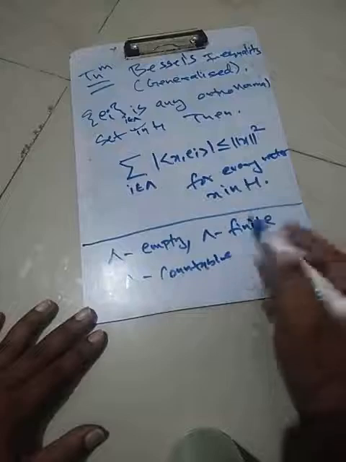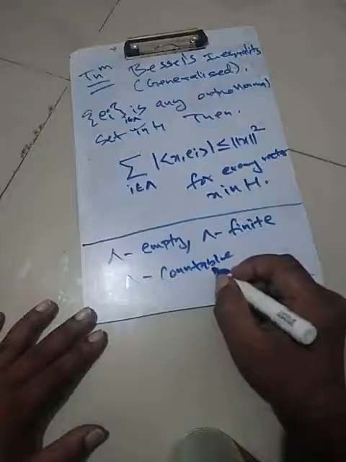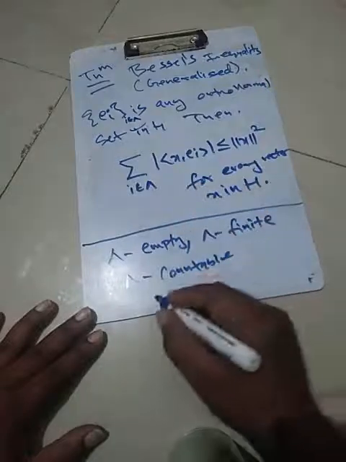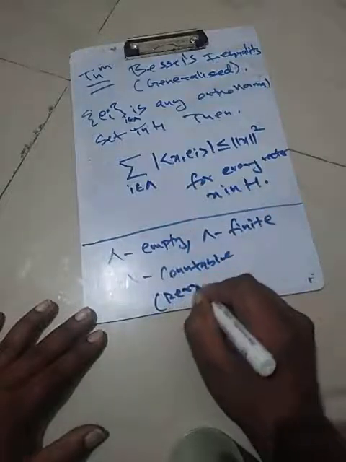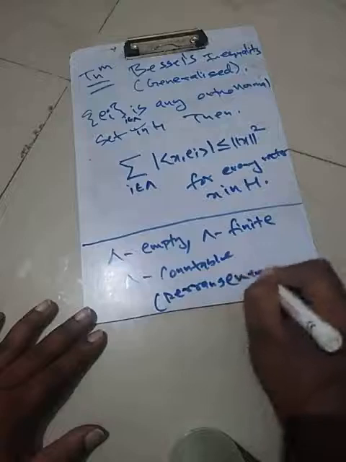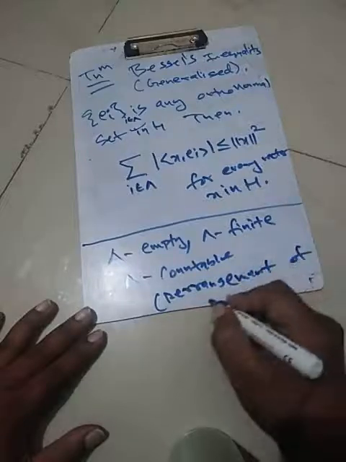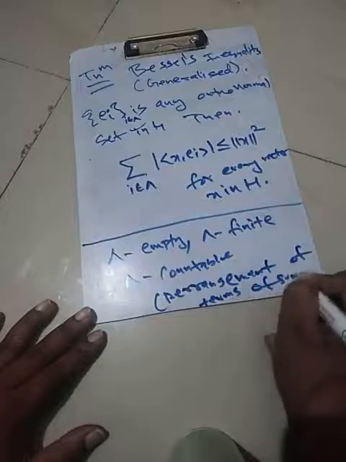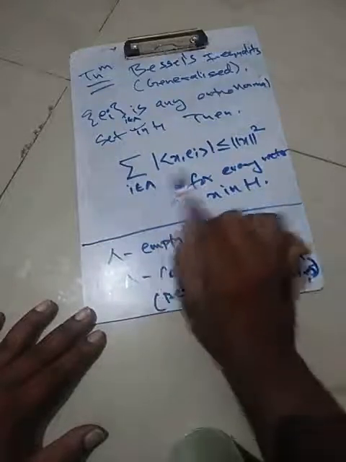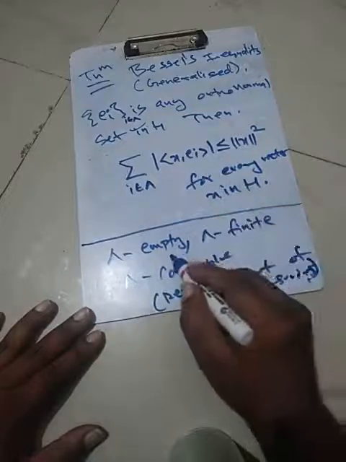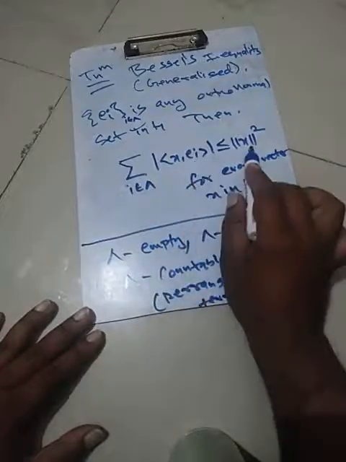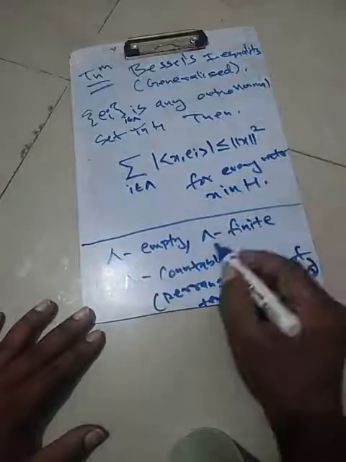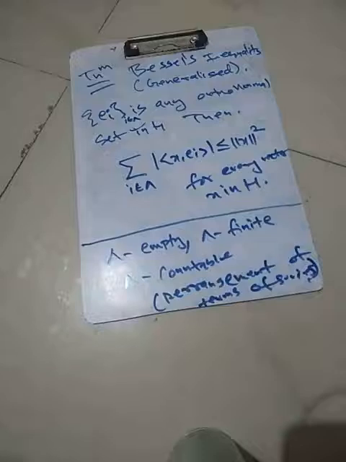If it is countably infinite, then rearrangement of the terms of the series is also an issue. Since we have just written lambda here, they are in any order. For the empty set, this sum is 0, and 0 is of course bounded by the norm of any x squared. If lambda is finite, then rearrangement is no issue.